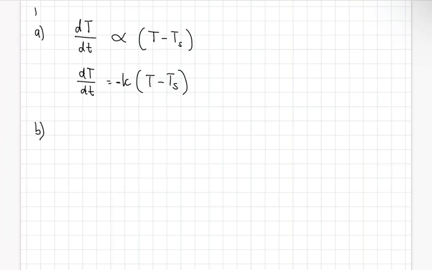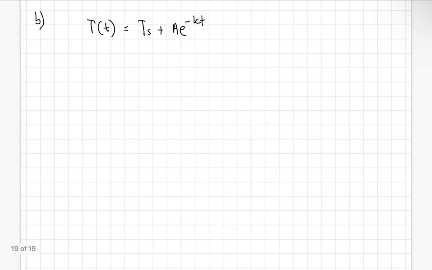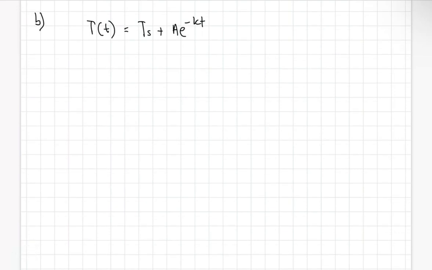At sub B, we need to show the solution, where you must show that the function T(t) is equal to Ts plus A exponent minus kt. In order to show this one, last time I showed you we can solve the differential equation in A, where the differential equation dT over dt equals minus k times T minus Ts.